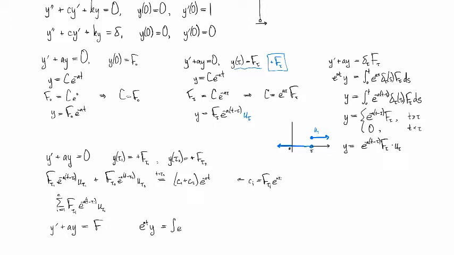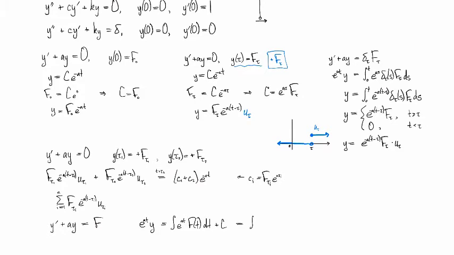And so this would be e to the at. Now this is f of t, and we have some constant. But we can rewrite that also as the integral from 0 to t e to the a tau f of tau d tau.